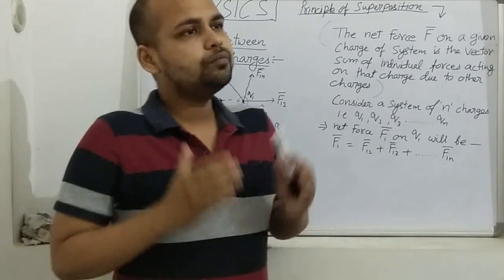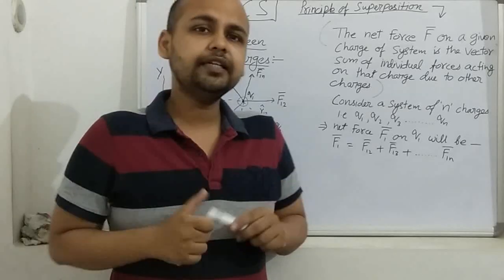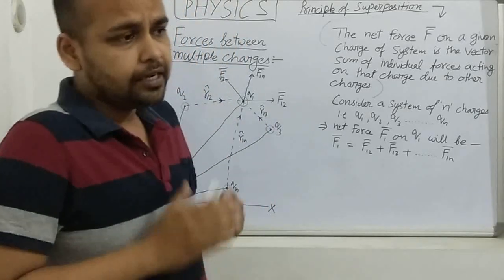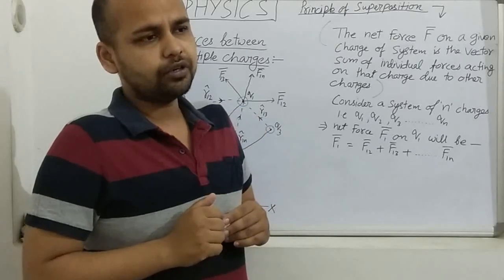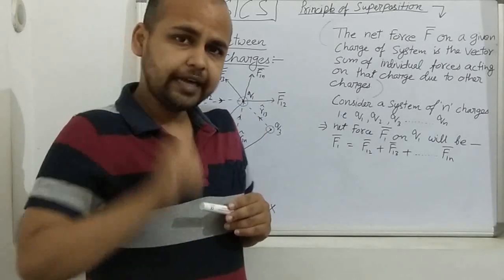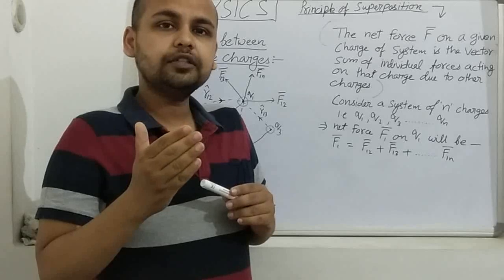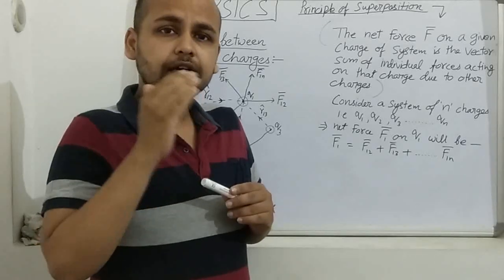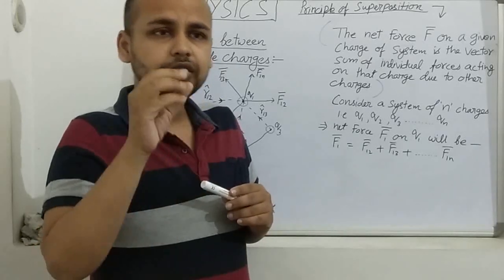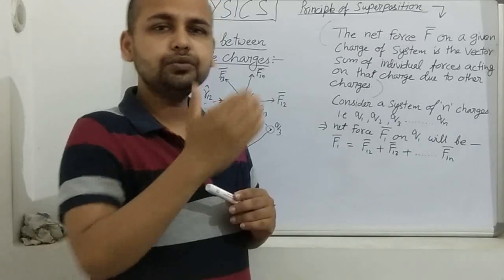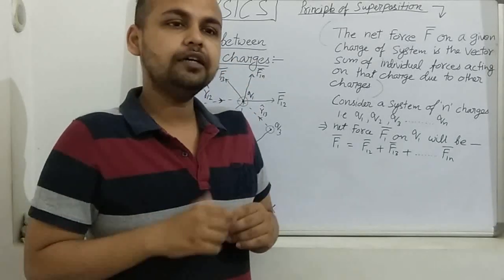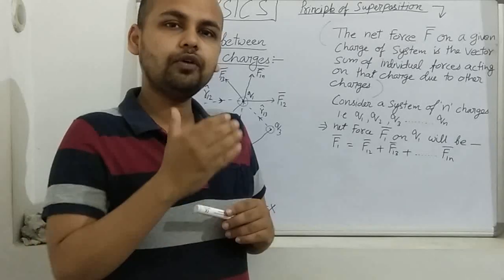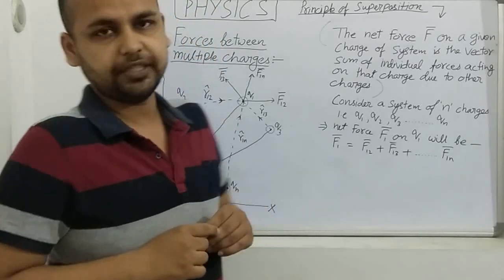If there are more than two charges present in a system, then we have to find the net force on a particular charge. For that, we will first of all find the forces on that particular charge due to other charges individually, and after that we will take the vector sum of all those individual forces.